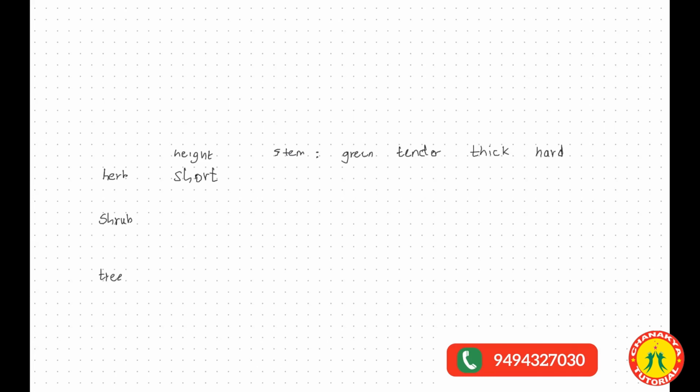Now, you know that herbs are green, shrubs are green, trees also green. So write yes, yes, yes under herb, shrub, and tree. Now for tender, are the stems of the herbs tender or not?